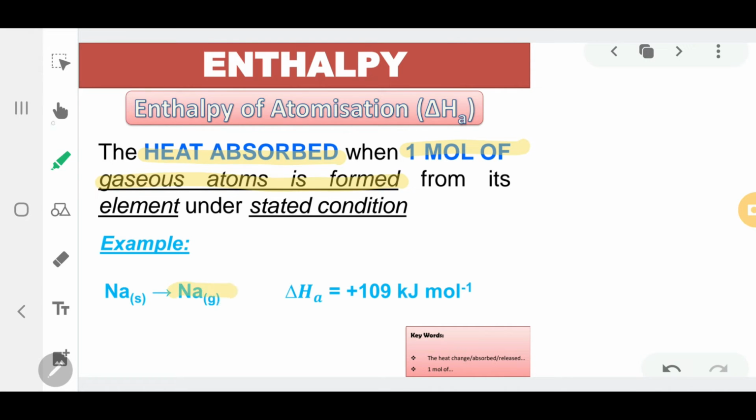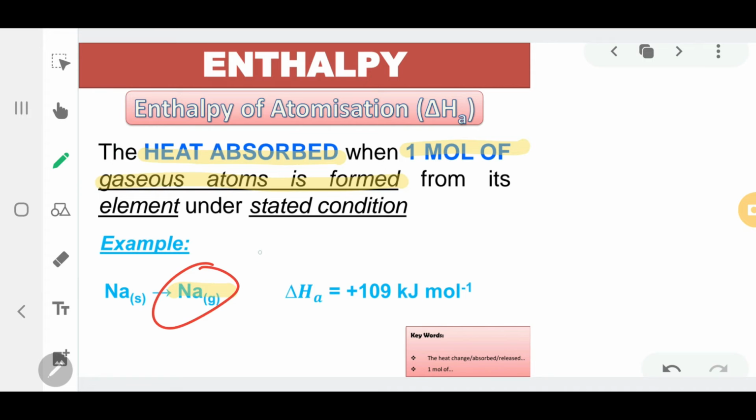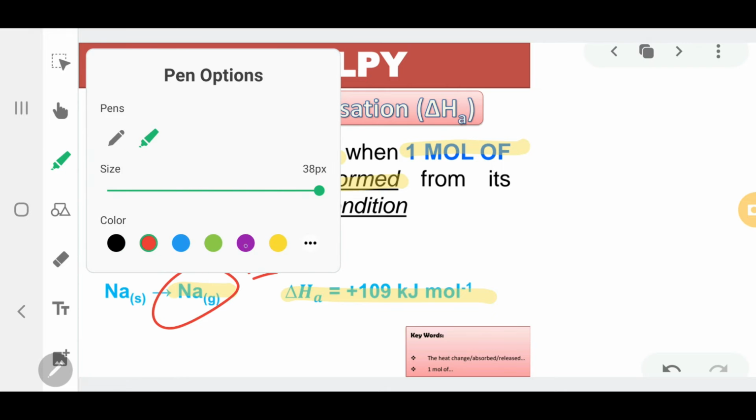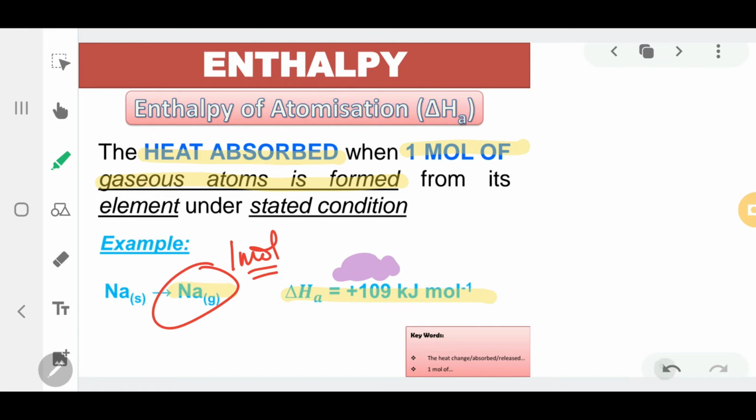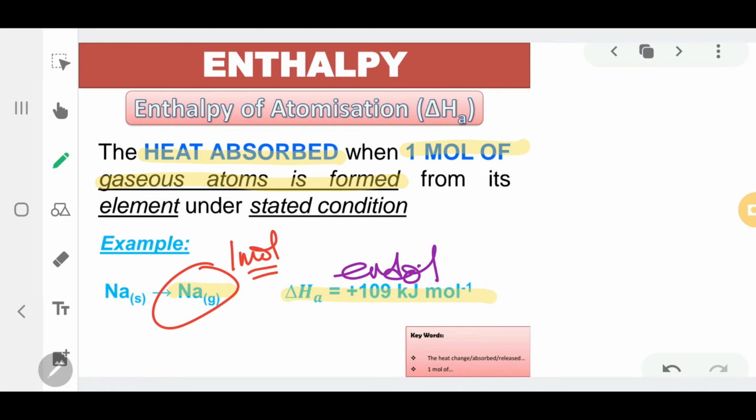So you have 1 mole here going to be formed. That is the bit that you need to cap at 1 mole. And the heat will be absorbed. So when you have heat absorbed, this is again an endothermic reaction.